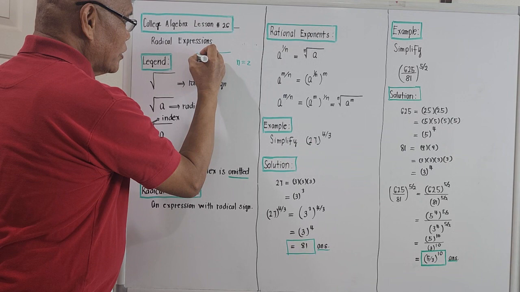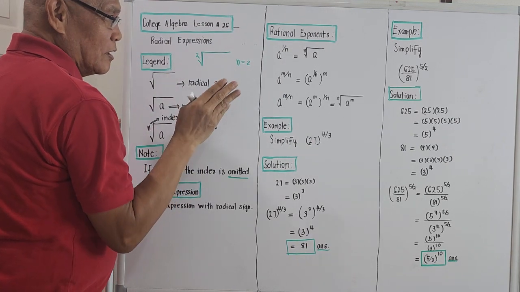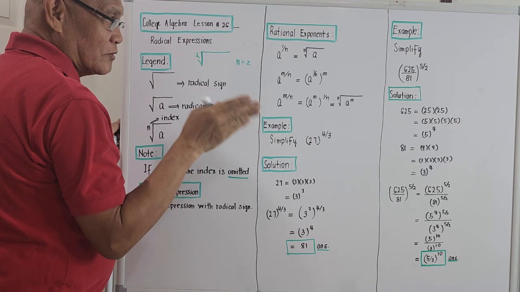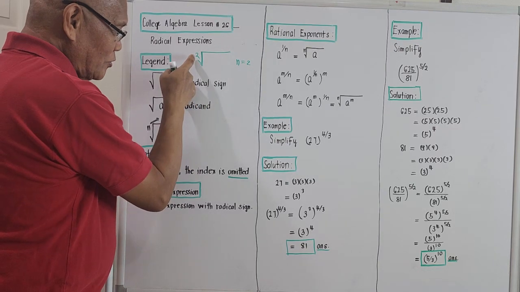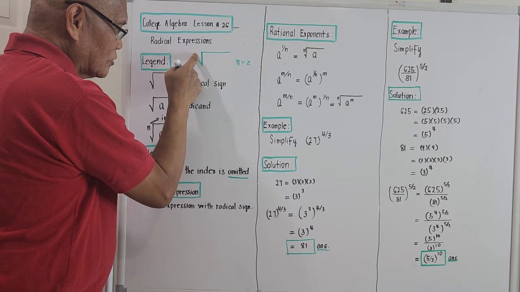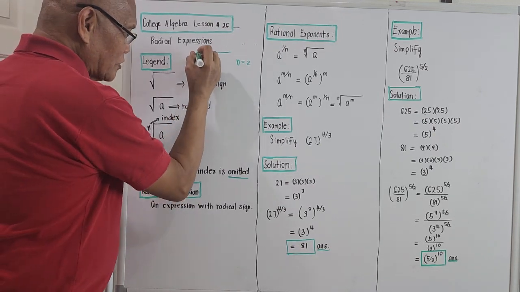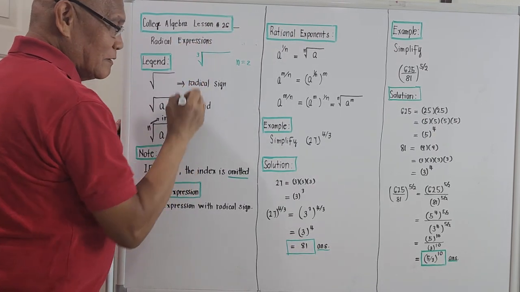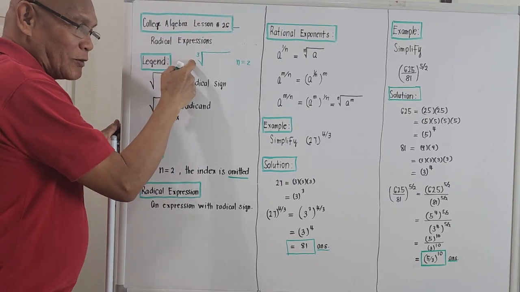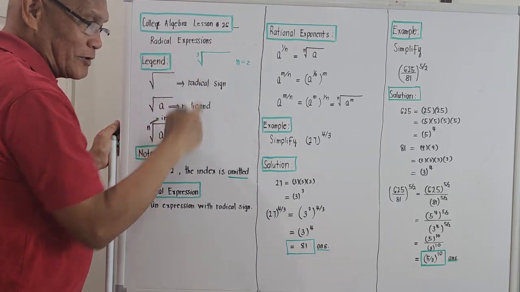Instead of placing 2 here, the standard notation is that if there is no number here, it is considered to be a square root. But if there is a number 3 over here, of course, you will not call that a square root. It will be a cube root.